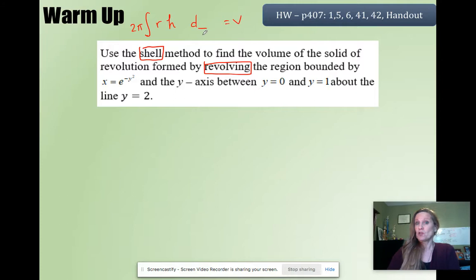And of course, what you are integrating with respect to, whether this is x or y, determines what your height and your radius expressions are in terms of.